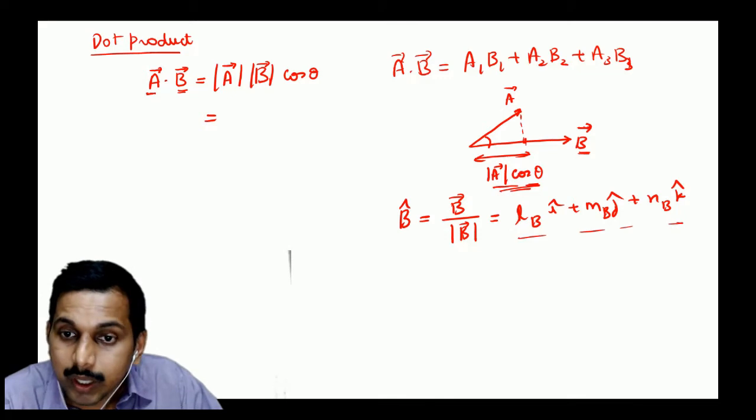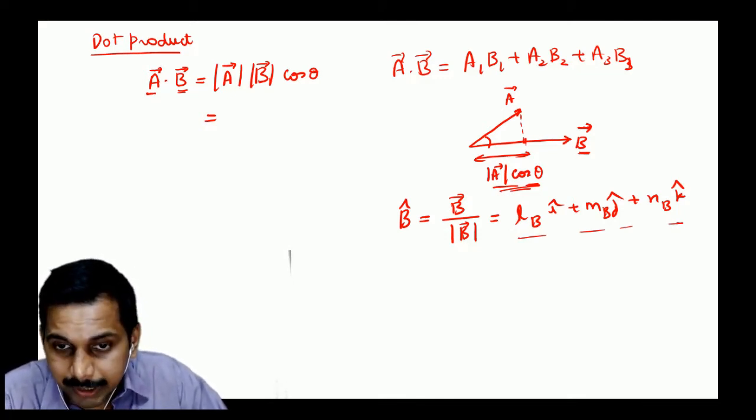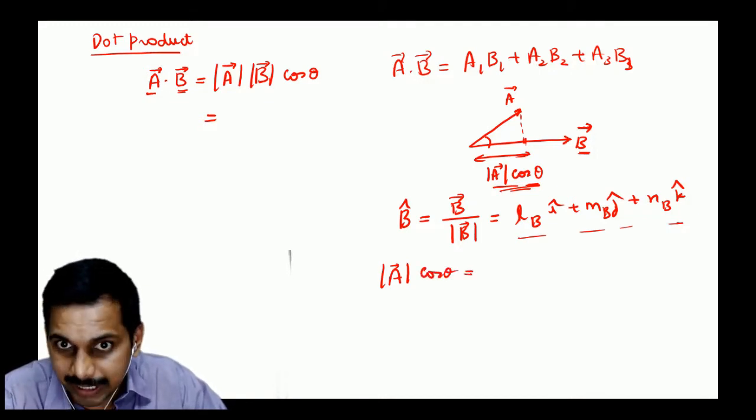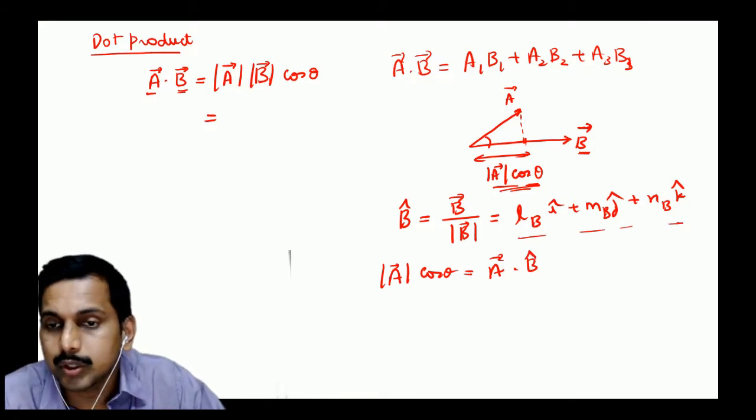Now what would be magnitude of A into cos theta? How does it come? It comes by A vector dotted with B unit vector.